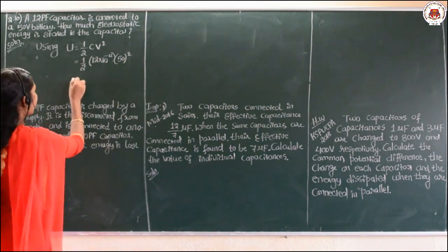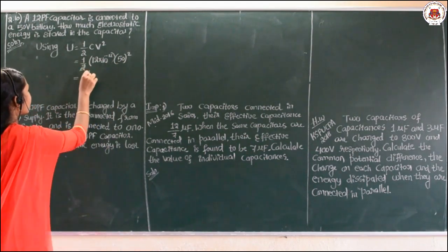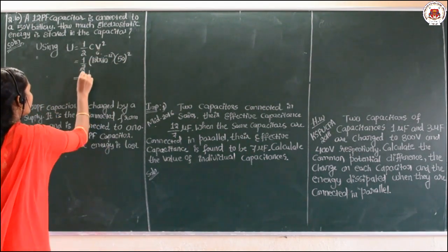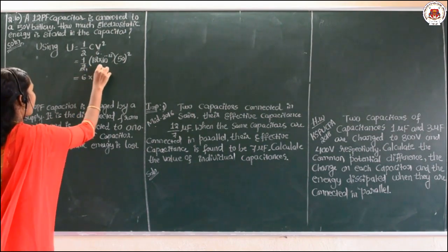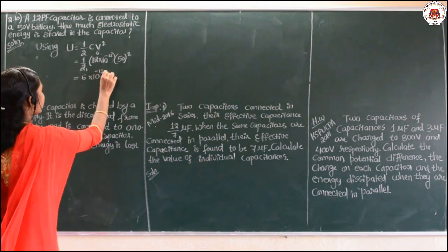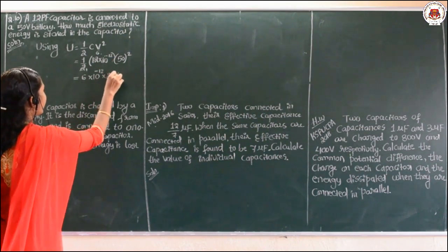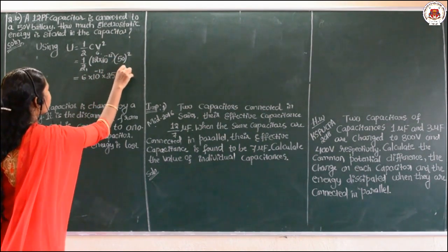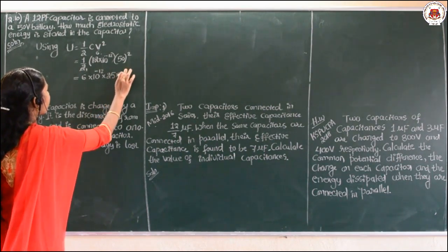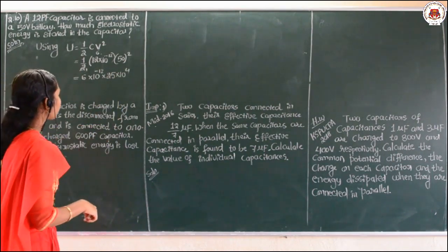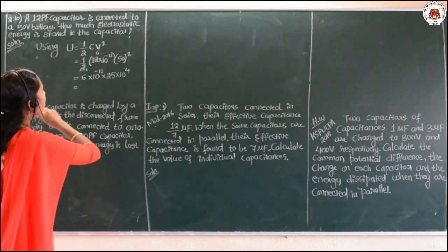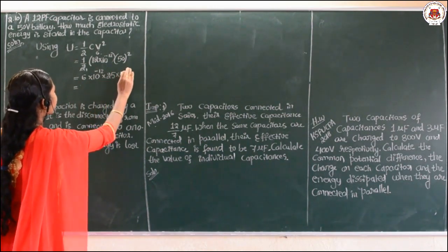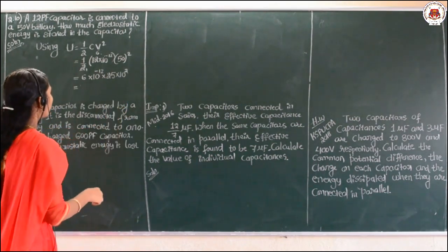Here you can cancel: 2 1s are 2, 6 into 10 raised to minus 12 into 50 into 50, that is 2500, which is 25 into 10 raised to 2.